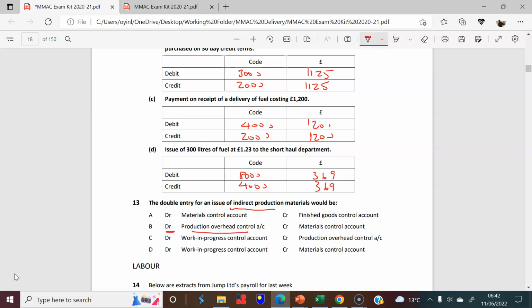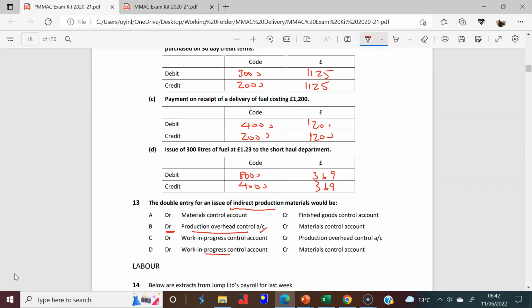I mean, this is work in progress. That's not indirect production. This is work in progress. That's not indirect production. This is the receipt of the actual materials that we need. But in terms of the account for dealing with production, indirect production overheads, we have one here clearly.